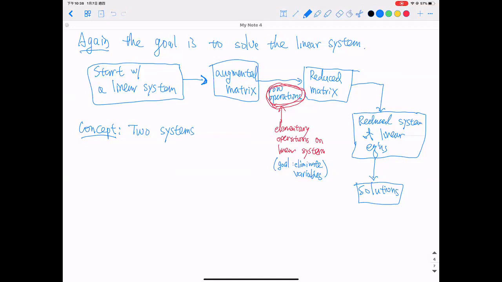And the concept to be introduced here is that two systems of linear equations are what we call equivalent if they have the same set of solutions.